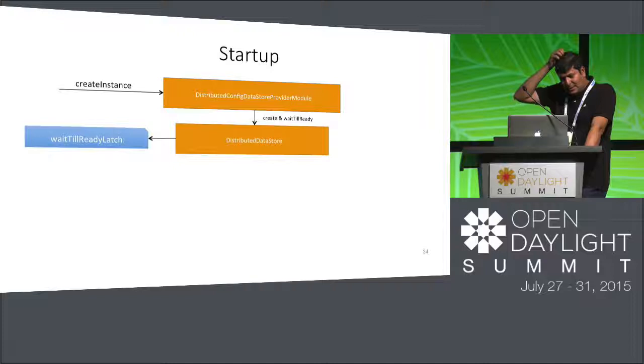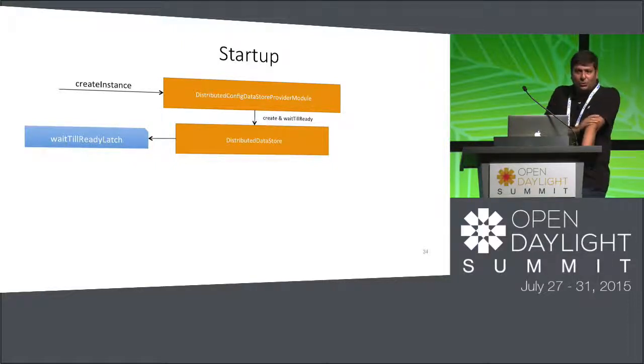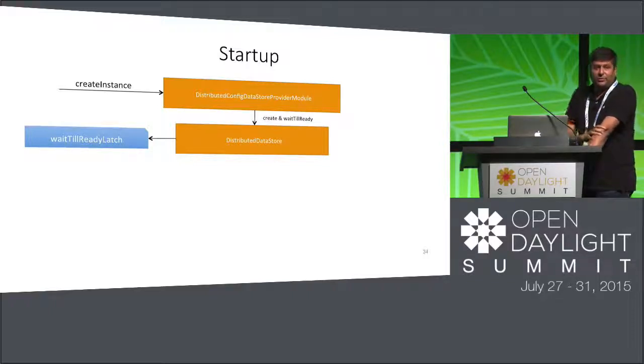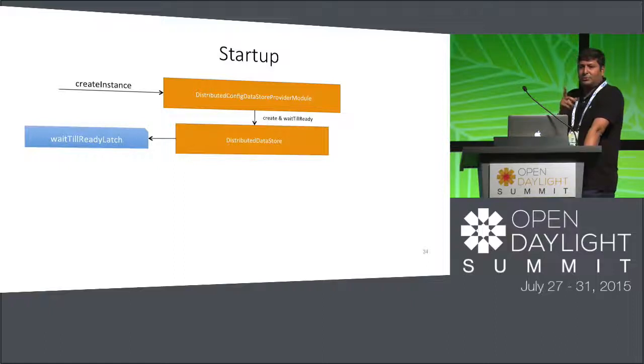If you're familiar with the config subsystem, when you have a module and create instance is called on that, you're supposed to return an auto closable, and then the config subsystem moves on, creates other modules, and wires them in with other modules, and so on. But when you have a distributed data store, how do you know that it's ready for use? I think that's a problem to solve. With the in-memory data store, it's quite clear: you create it, it's immediately available for use, and you can start creating transactions.